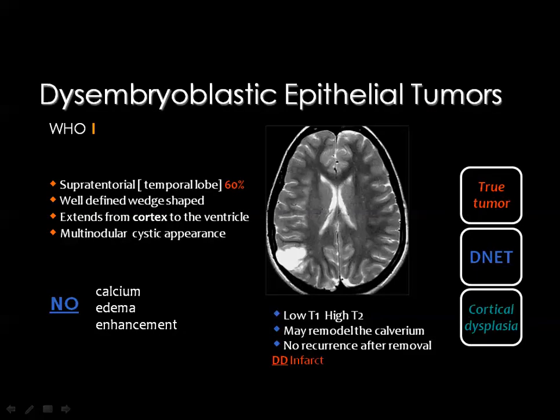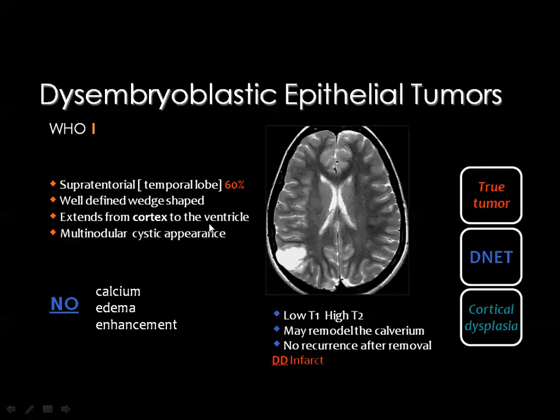Then we came to the congenital tumors, which are the dysembryoplastic neuroepithelial tumor, which is known as the DNET, and the ganglioglioma as well. This is a low-grade tumor due to abnormal proliferation of the subependymal cells, and most of these lesions are located in the supratentorial area, usually in the temporal lobe.